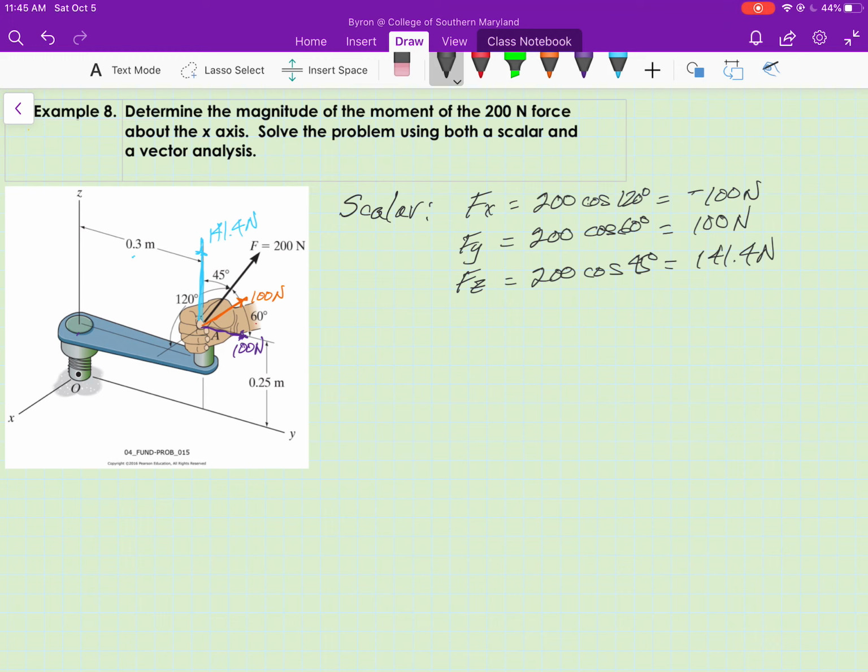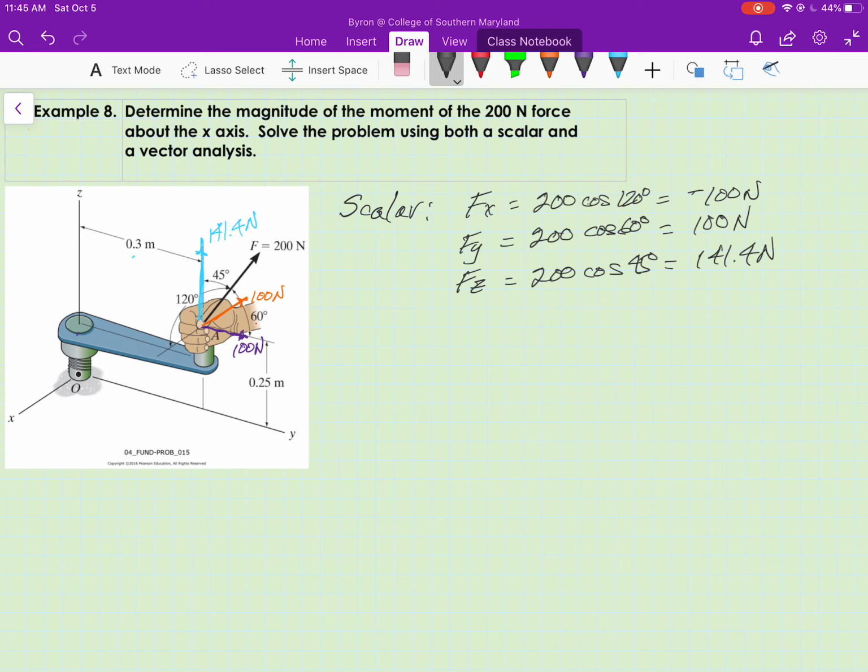Okay, so now I'm going to determine the moment produced by each component about the x-axis. And before I do that, we need to realize that a force that is parallel to an axis or has a line of action that passes through any point on the axis does not produce any moment about that axis.